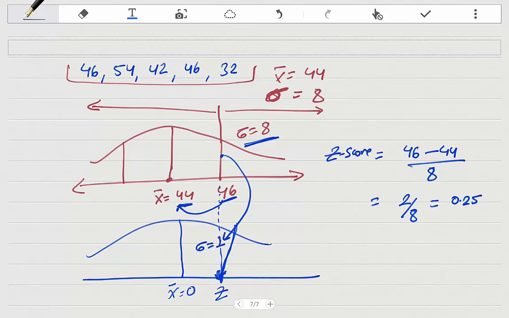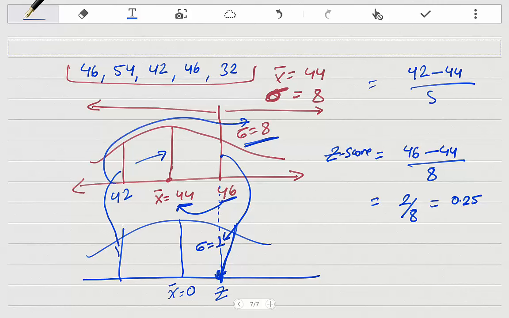If you want to find the Z of, say, 42, you do 42 minus the mean of where it came from, 44, divided by the standard deviation of where it came from, that is 8. So minus 2 divided by 8.